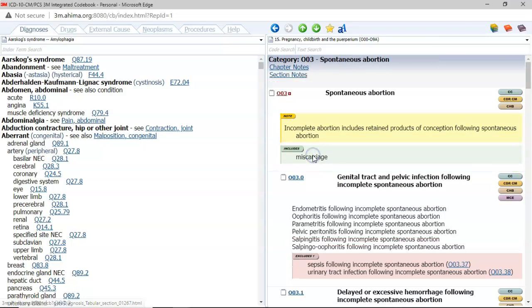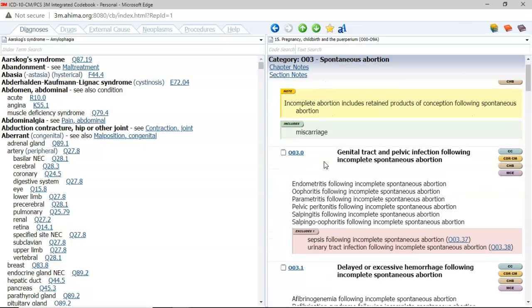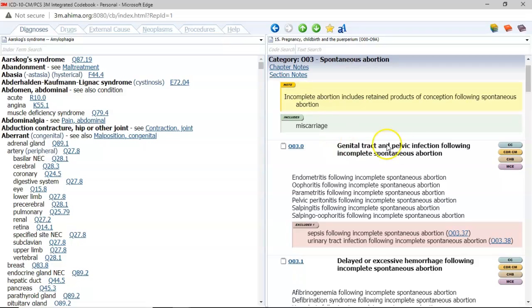So let's look at spontaneous abortion. And it tells us that this is an incomplete abortion, and it includes retained products of conception following a spontaneous abortion. So the patient has a spontaneous abortion, they go home, the physician thinks that it is a complete spontaneous abortion, but they go home, they maybe bleed or develop an infection, and they determine that in fact they had retained products of conception. Now, the codes in this category are very specific to different types of complications.